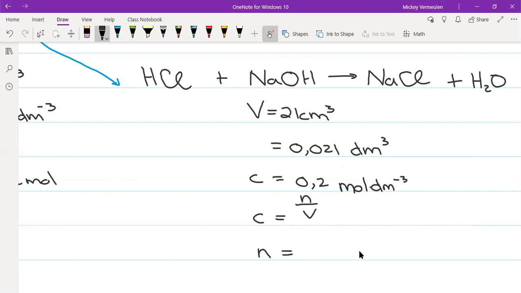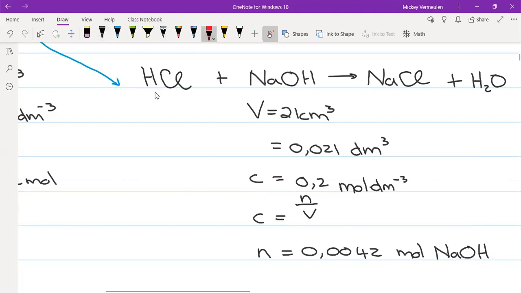If you remember earlier, when I did this in class, my maths were a bit suspect and I forgot about a 0. So that means that we added 0,042 moles of sodium hydroxide.